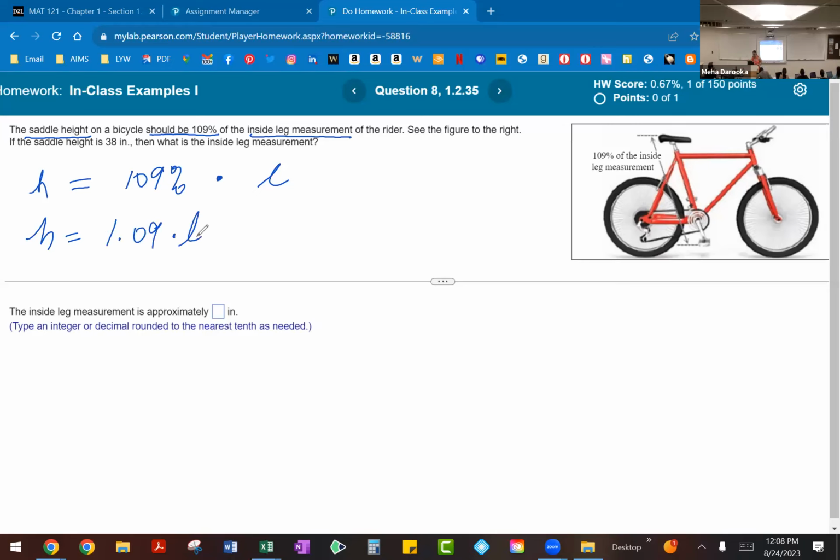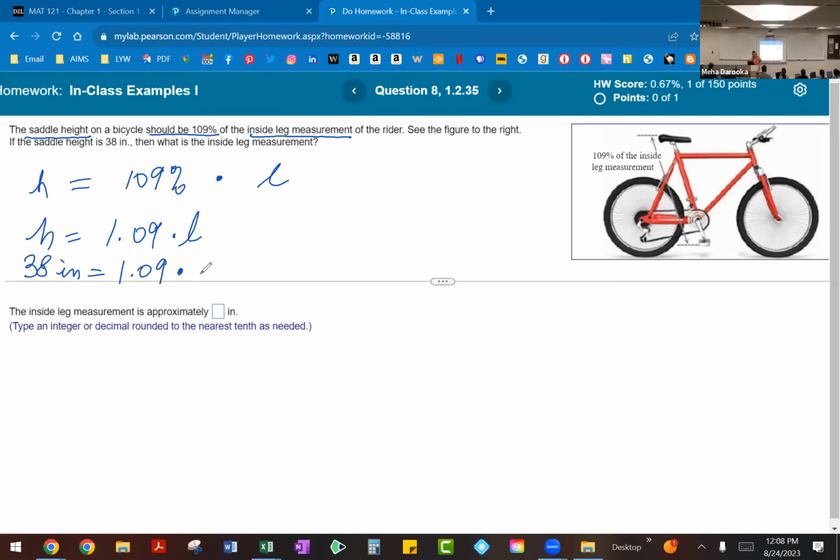Times. Yeah. Alrighty, so what information is now given to us in that second statement? What are they telling us? Very nice. They are telling us saddle height is 38 inches, which means that's your H value, and you don't even have to write the inches there.